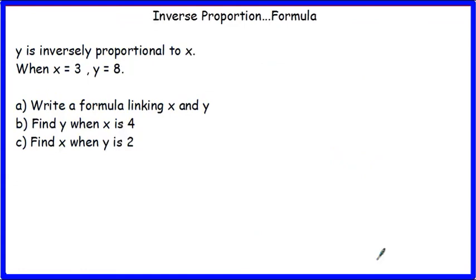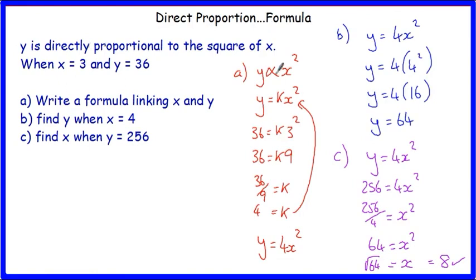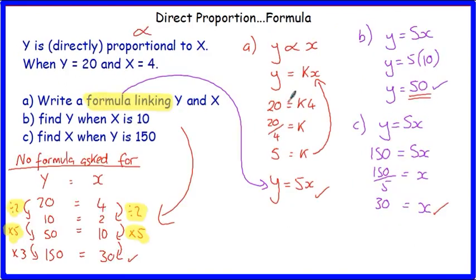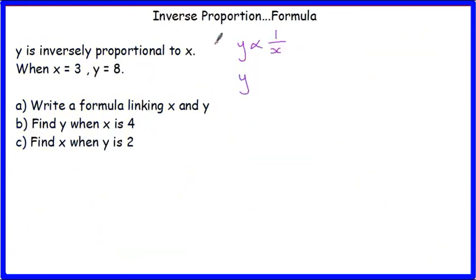The last example, y is inversely proportional to x. So now inversely proportional is 1 over x. Directly proportional is just y equals kx. And what this looks like is y is equal to k over x.